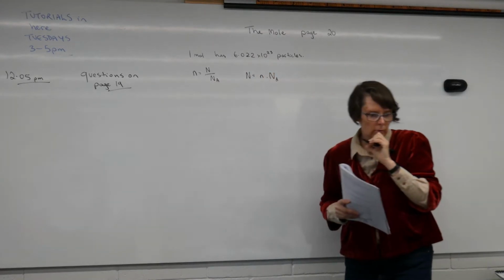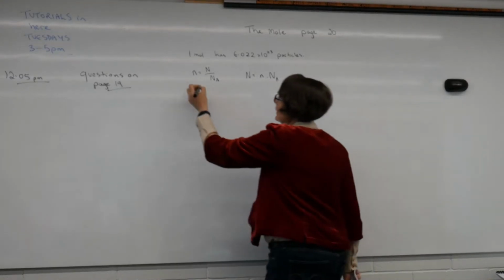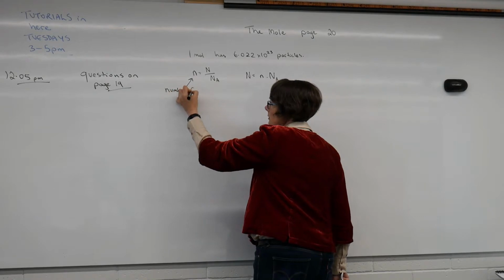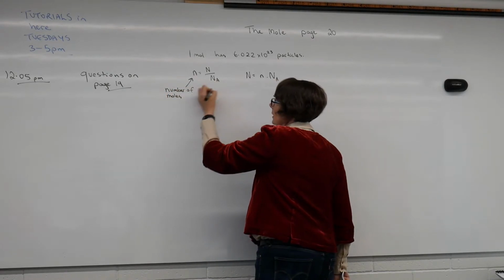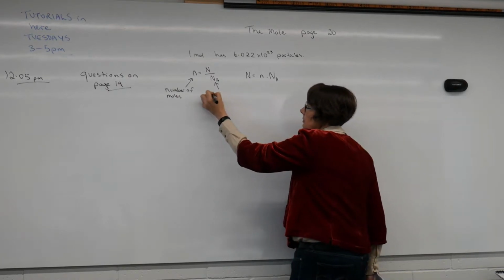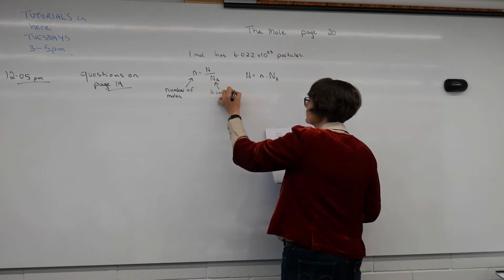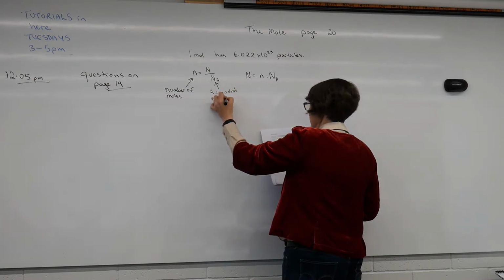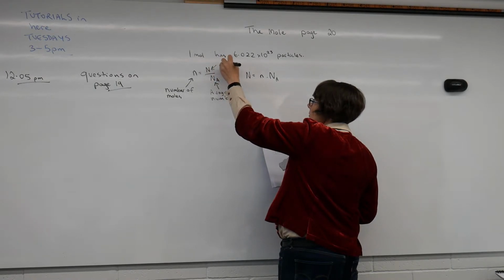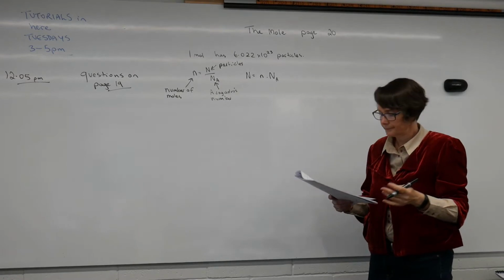We've got these relationships here, where little n is the number of moles, N with subscript A is Avogadro's constant, or Avogadro's number, and N, the capital N, is the number of particles, whatever's relevant to the question.